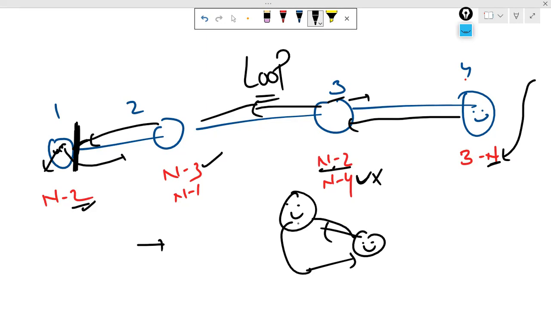So the same information you are again sharing with me. This is known as a loop here. So we always have the split horizon concept here. In routing protocols, like if I talk about EIGRP here, we have a concept: if you're getting any update on some specific interface.